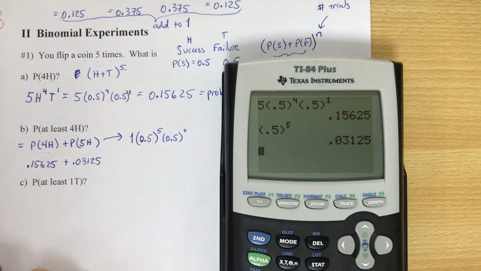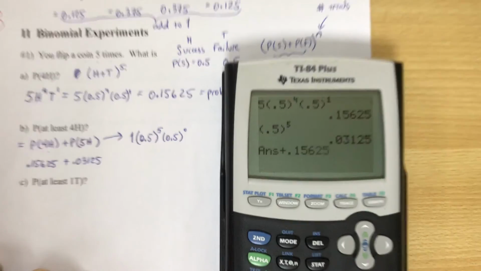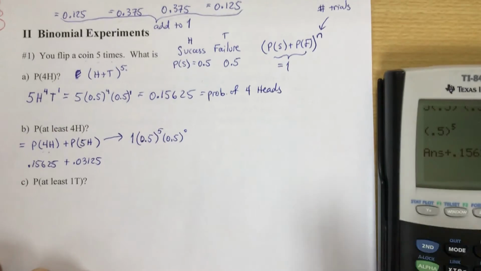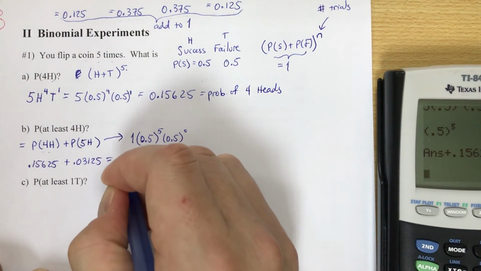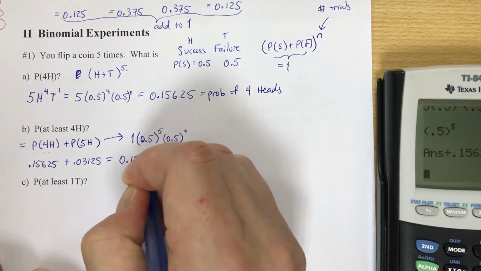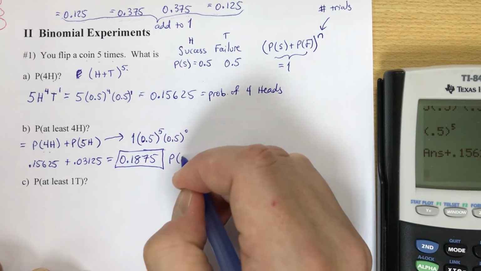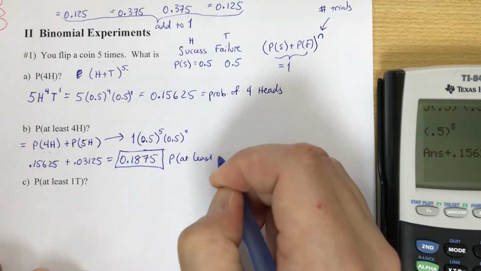And then we're going to add that to the probability that we get 4 heads, and what we get is 0.1875. So that is the probability of at least 4 heads.